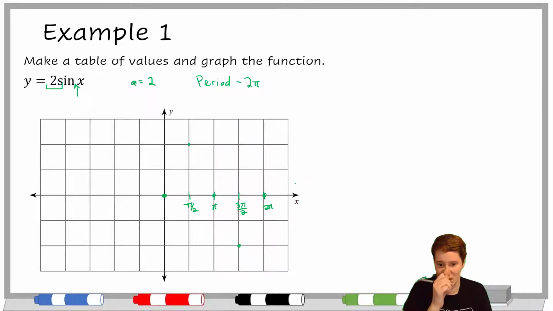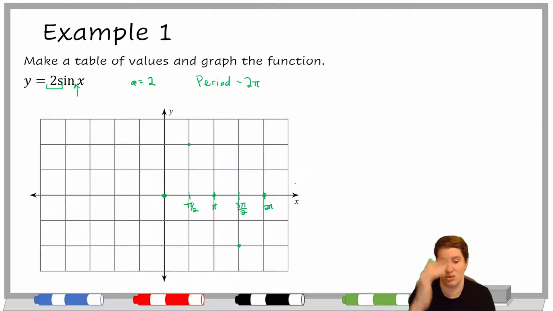To be clear here, our scale is different for x and for y, because for x, the most convenient thing is to use pi over 2, pi, 3 pi over 2, 2 pi. But for y, we can get nice answers for some of these values, so our scale for y is going by 1.